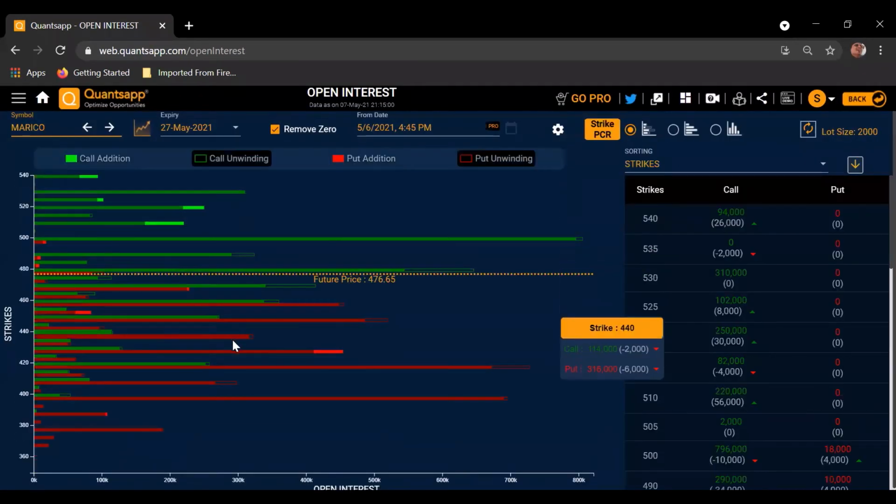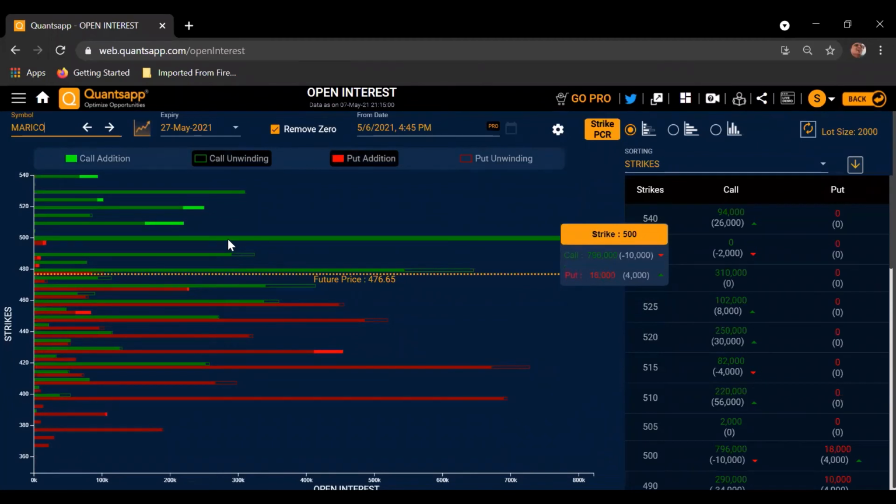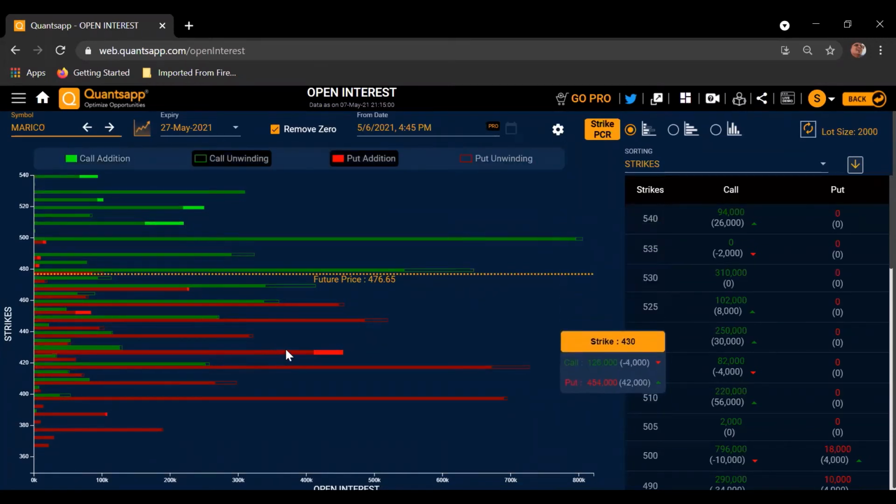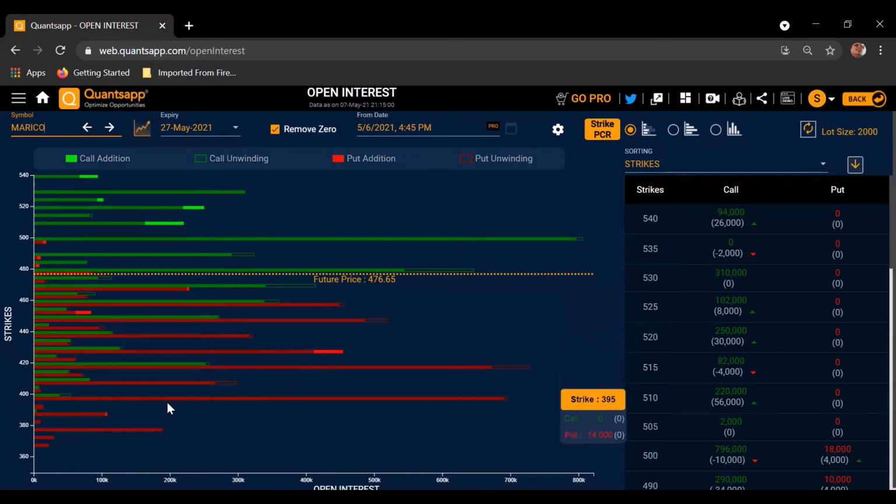Now, let me look at another example, Marico. If you look at Marico, the largest call is the high resistance at 500. Interestingly enough, 510 is what I sold, and a lot of people are also selling 510 now, so you can see that the buildup in 510 is quite high. On the lower side, I initially entered at 410, and I still have that.